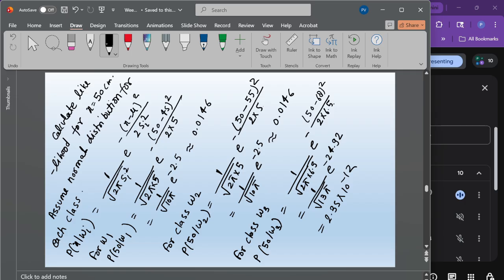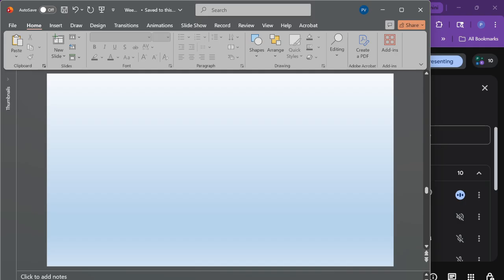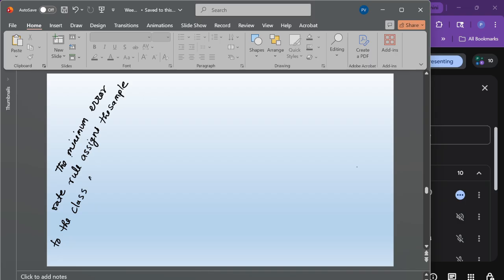So I'm just taking another slide. So the minimum error rate rule assigns the sample to the class with the highest likelihood.